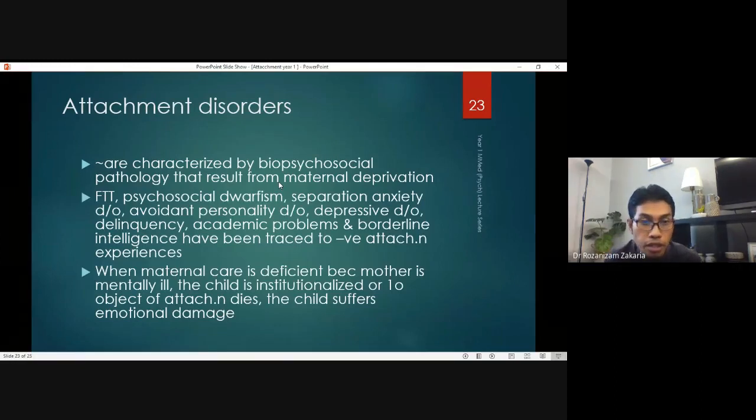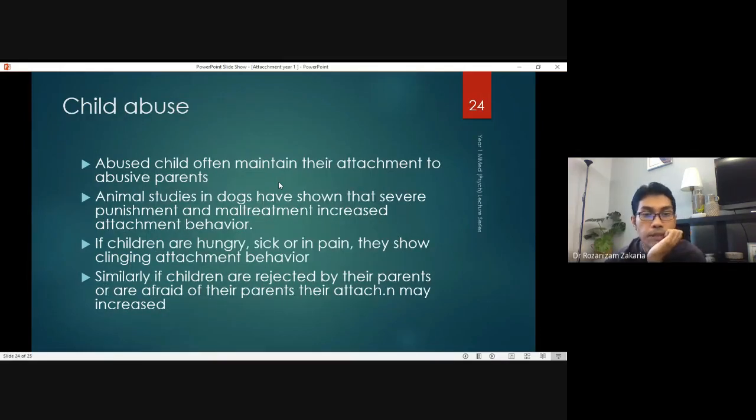For example, those who have attachment problems can have biological problems as well, such as failure to thrive, psychosocial dwarfism, they can have separation anxiety, they can have personality disorder, they can have depression. So these are examples of complications later on in life where the problem started with attachment development.